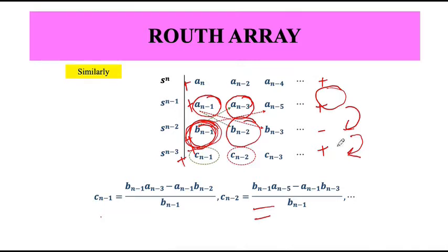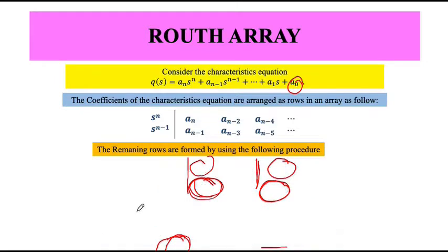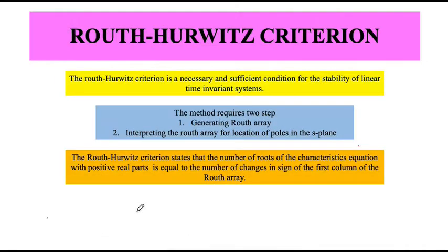So the number of roots of the characteristic equation with positive real part is equal to the number of changes in first column sign.